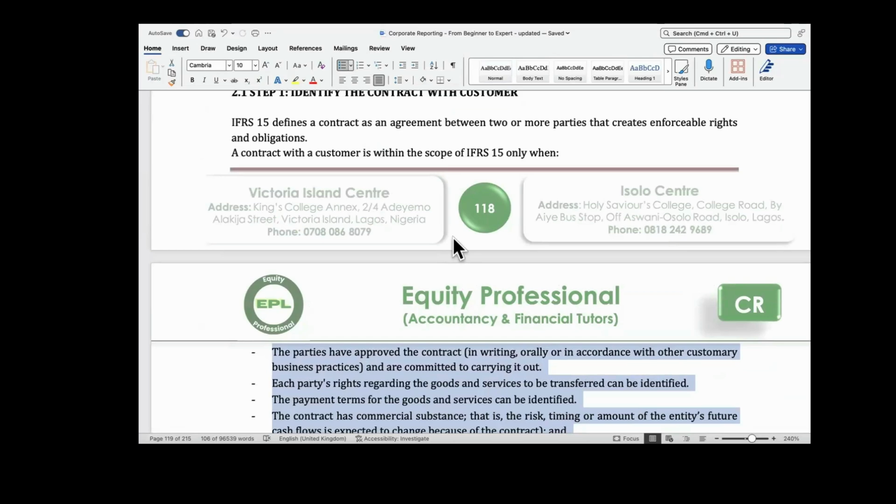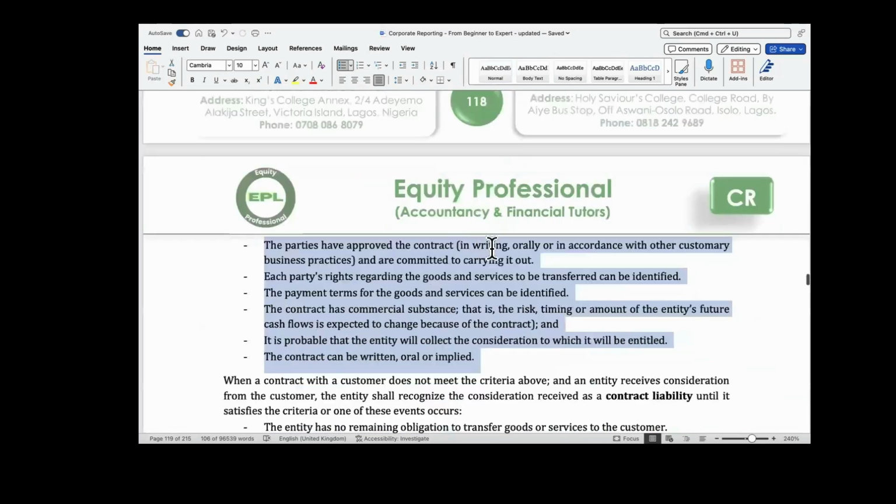Number 1 is that the parties must have approved the contract, either in writing, orally, or in accordance with other customary business practices, and they are committed to carrying it out. So that's the first criteria. They must have approved it. If they don't approve it, that cannot be a contract in line with IFRS 15.